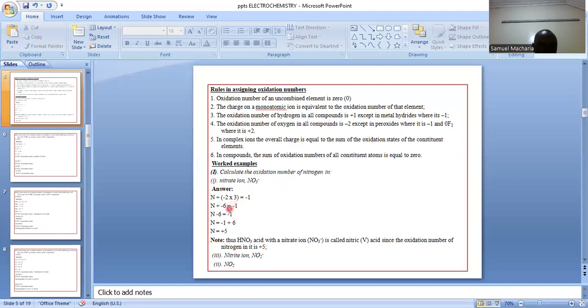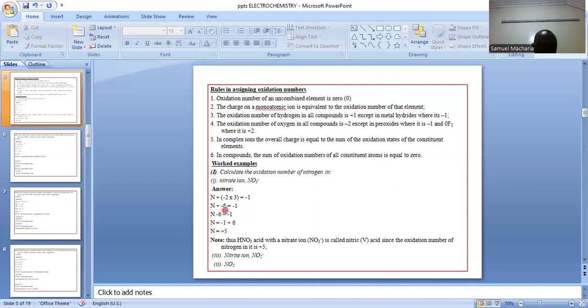-2 times 3 is -6. So N plus -6 equals -1. Then we know that positive and negative will simplify to negative. So N minus 6 equals -1.